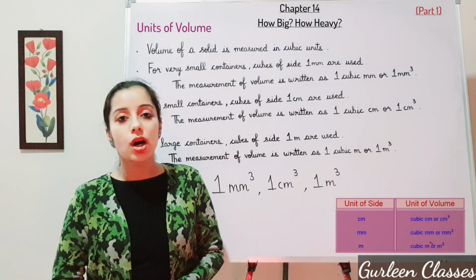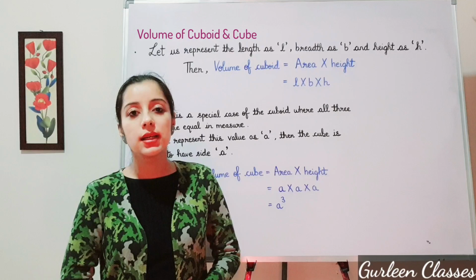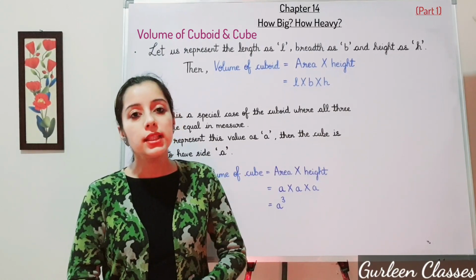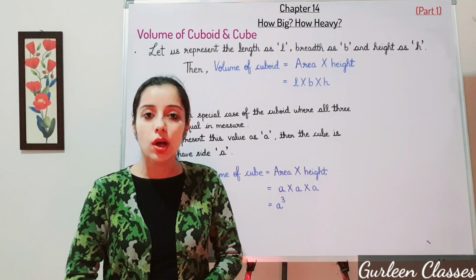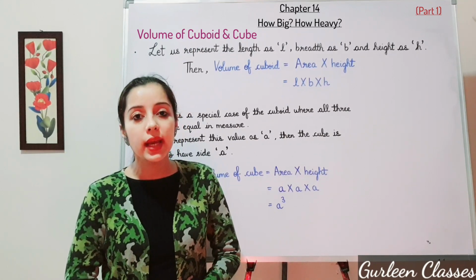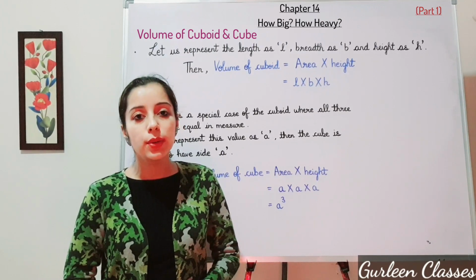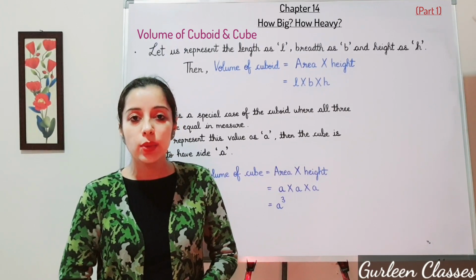These are the units of volume. So now let us learn volume of cube and volume of cuboid. In general, volume of a solid is equal to area of the base into height.